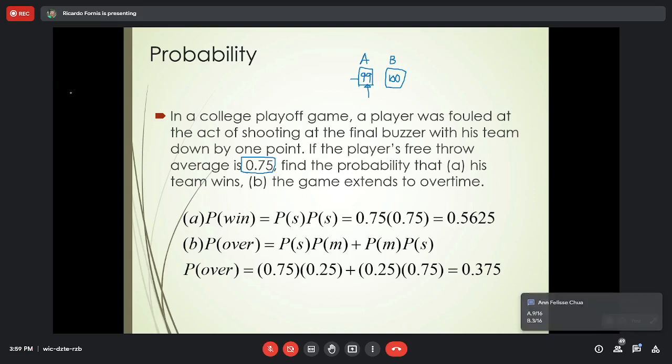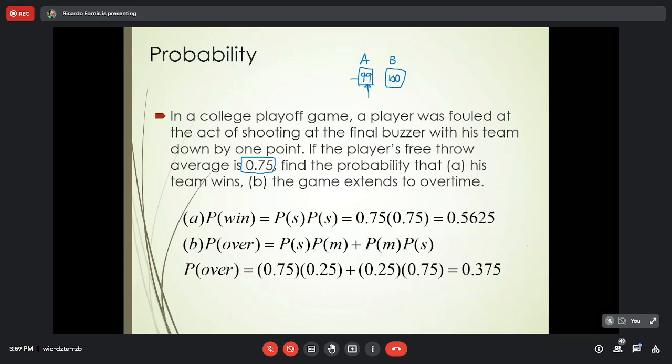Okay, this is how we solve the problem. For letter A, for the team to win, the first free throw is converted, and the second is also converted.